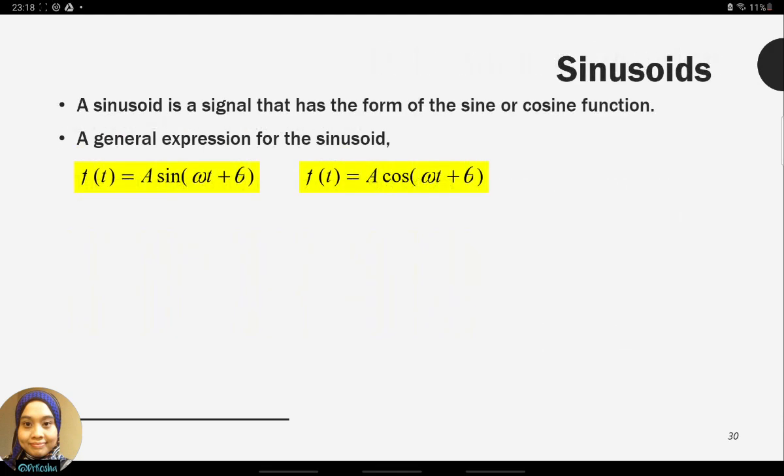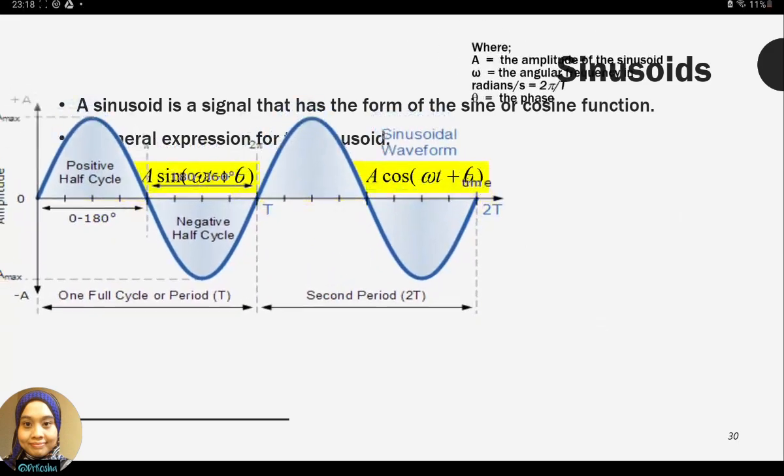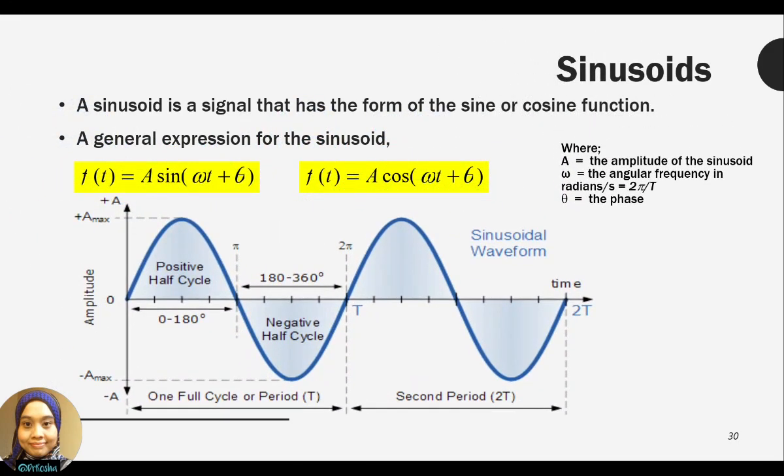Okay, so next is the sinusoid. I think I already explained the sinusoid in quite some detail in another course, Communication System Design, that you attended last time. So I hope you still remember. The general expression of a sinusoid uses either sine or cosine with an amplitude.